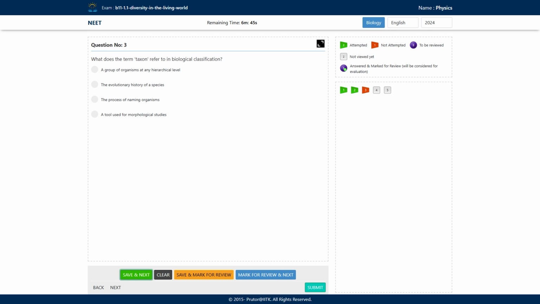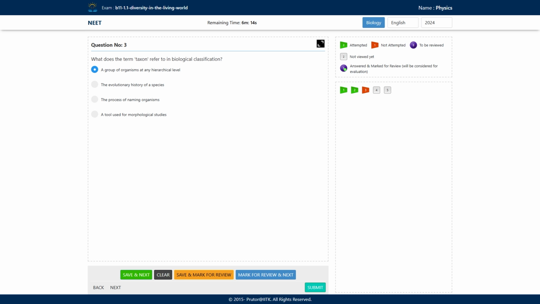C, the process of naming organisms, and D is a tool used for morphological studies. Okay, the correct answer will be option number A, a group of organisms at any hierarchical level.